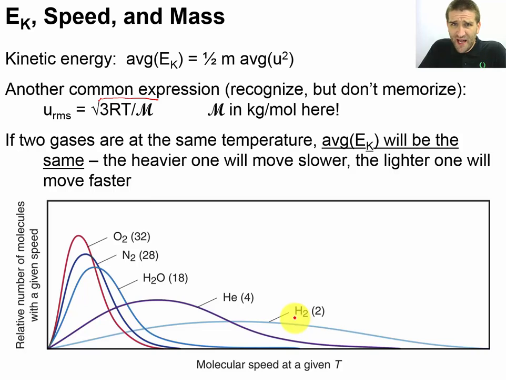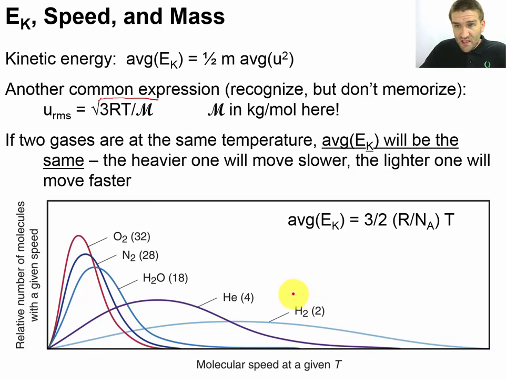This is why if you've had a hydrogen balloon and a breath-filled balloon from a birthday party blown up at the same time, your hydrogen balloon was a shriveled up raisin a few hours later, just about, right? The next day, right? And your breath-filled balloon was probably still fine a week or two later. It's because these are moving so much slower, because they're so much heavier, and because the kinetic energy has to stay the same between them.